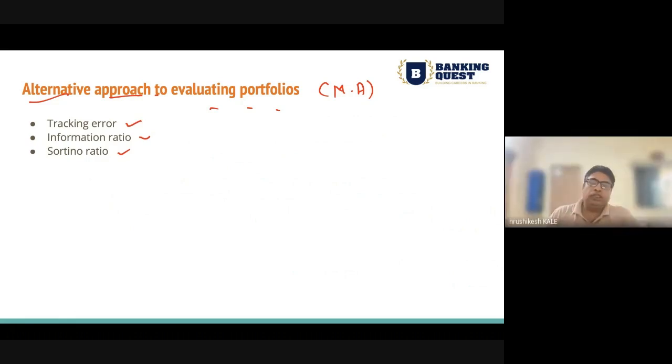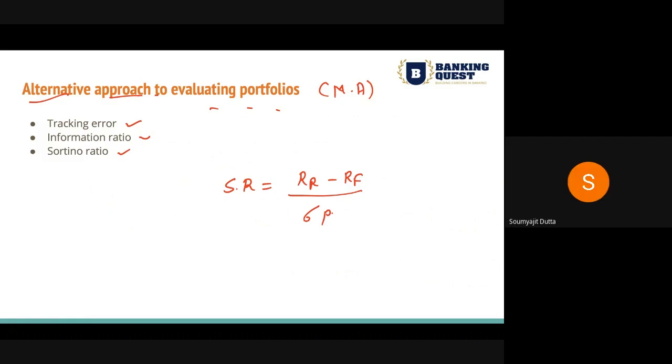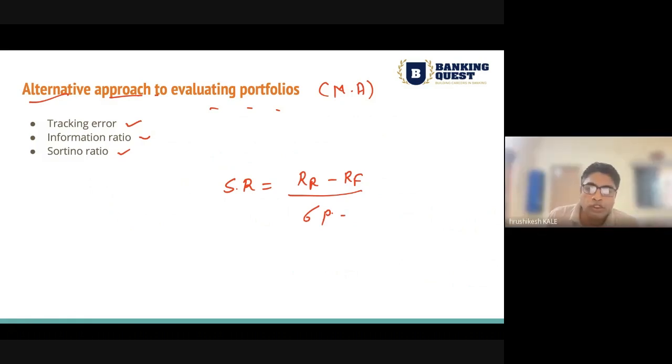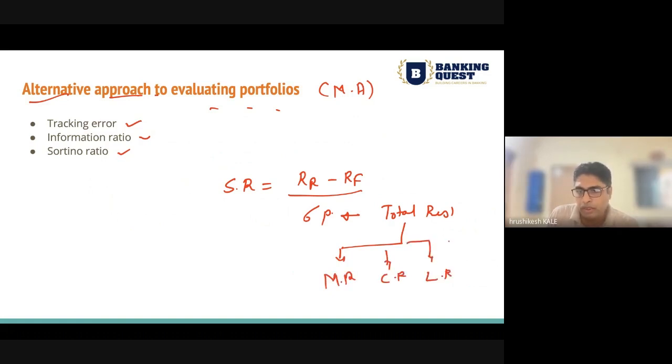No, no. If you see the formula for Sharpe ratio, return of portfolio minus risk-free upon standard deviation of portfolio, right? Now, Sharpe ratio speaks about total risk. Total risk comprises market risk, credit risk, liquidity risk, and all other risk, right?